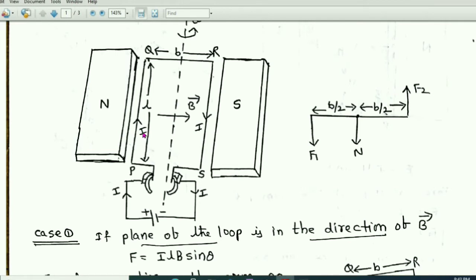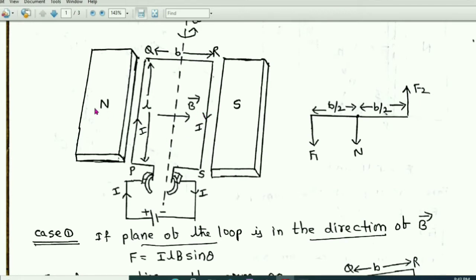Already we know that whenever a current carrying conductor is placed in a magnetic field, it experiences a magnetic force.